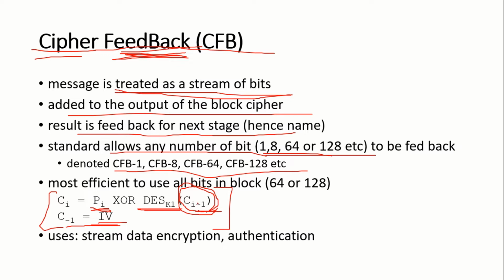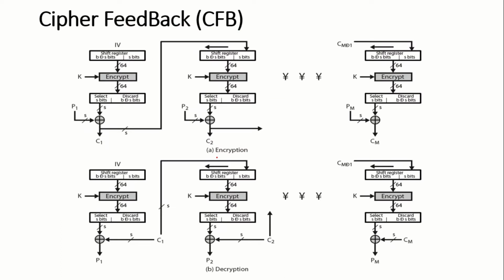This might sound confusing right now. Once I show you the diagram of how the process works, then you will understand it. Now this previous cipher block we are talking about here: in case of the first plain text block, as I already told you, we will be considering this initialization vector. Now come to its diagram.